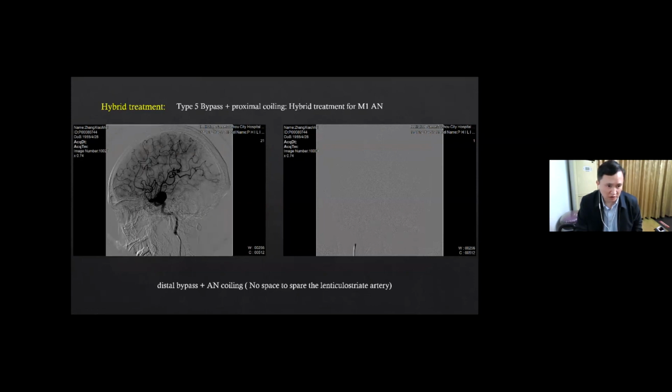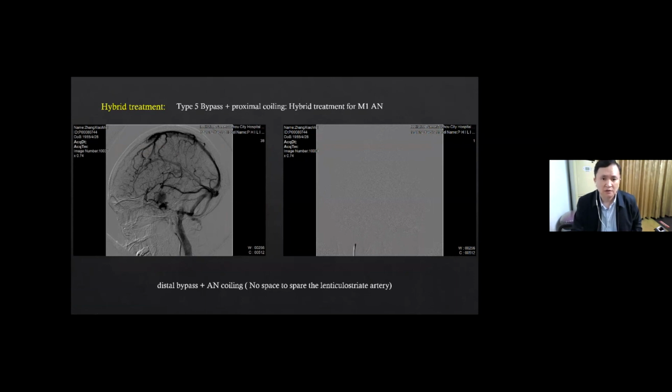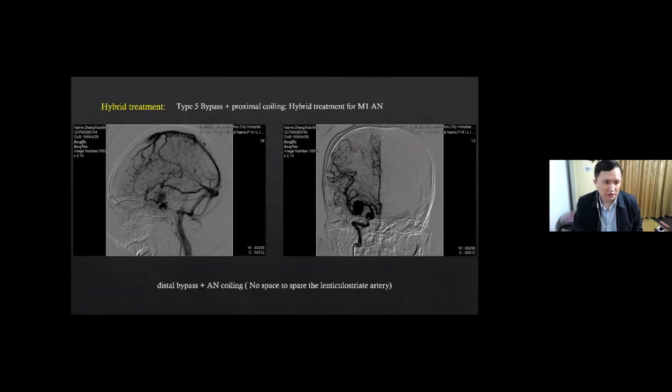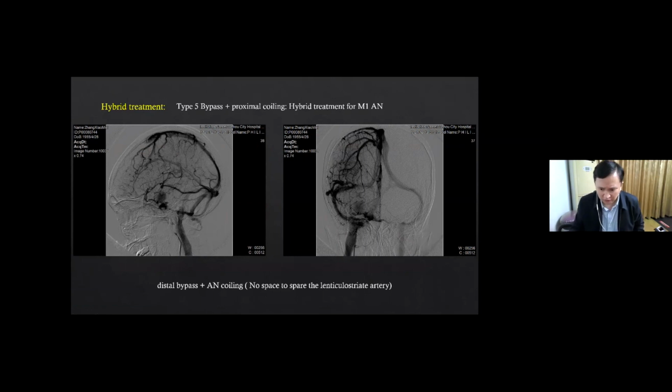So this is another type, hybrid treatment. You can see I use the LSA on the vessel cavity.